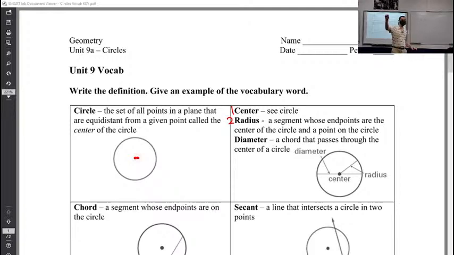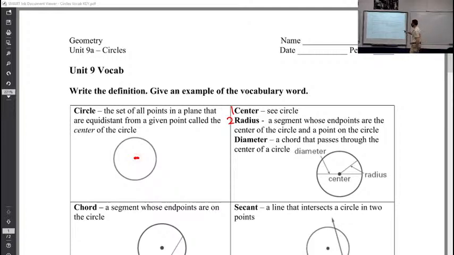If we're going twice as far, in other words, if we're going all the way across the circle, then we would double that distance to 10 inches. In other words, it's basically taking a radius and laying it end to end with another radius to go all the way across the circle.